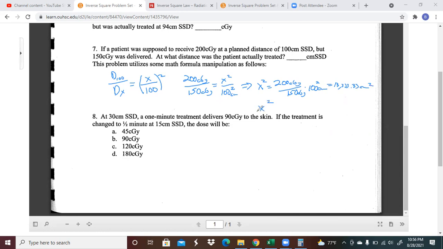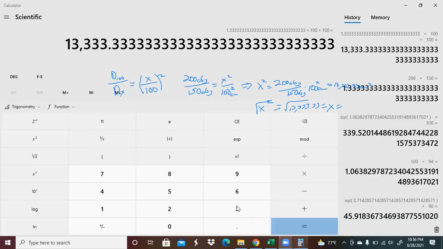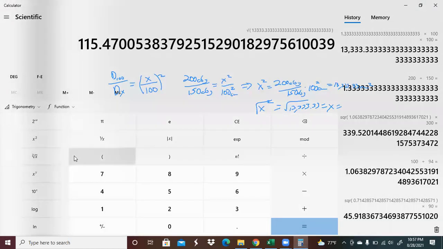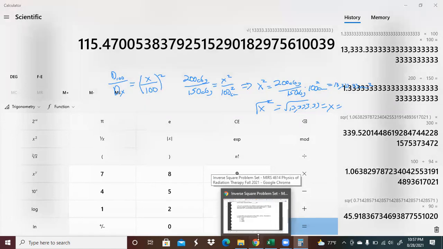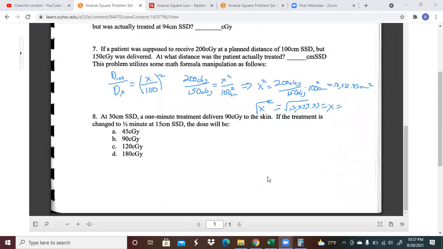We take the square root to get 115.47. Is it the same as we've got here?